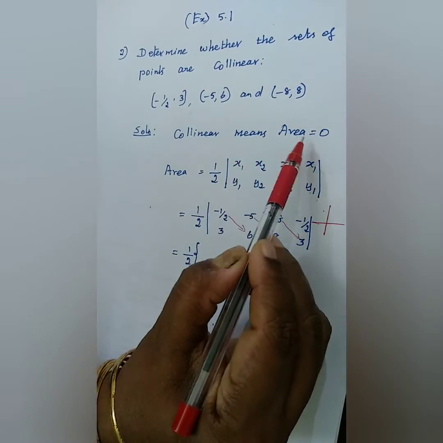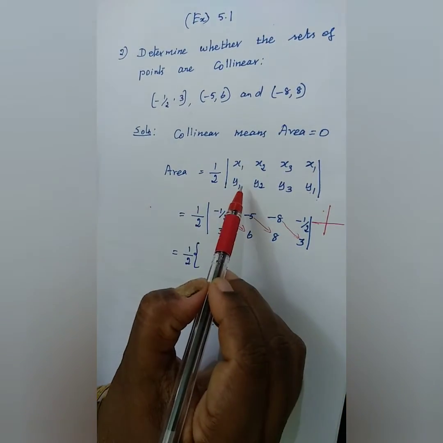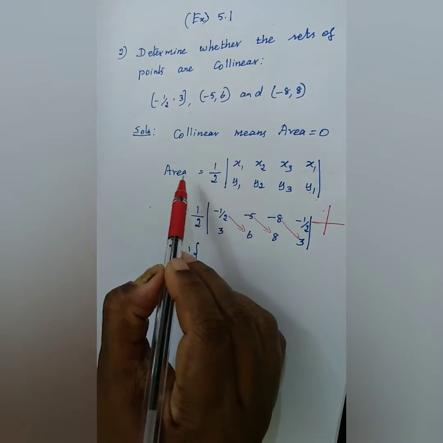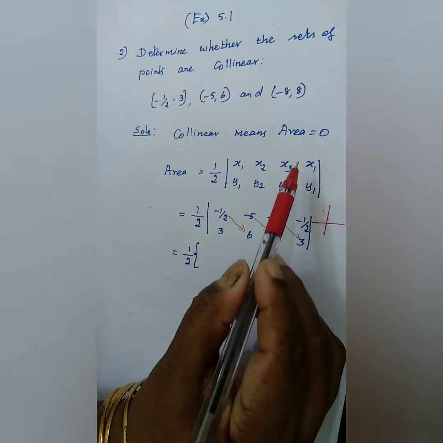Collinear means area will be 0, so I am going to check whether this area is equal to 0. The formula is area is equal to half into x1 y1, x2 y2, x3 y3, x1 y1.